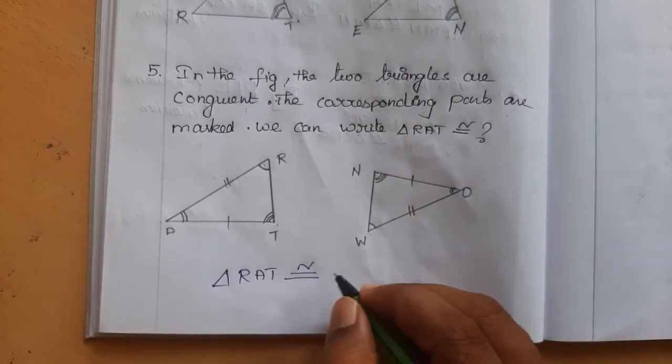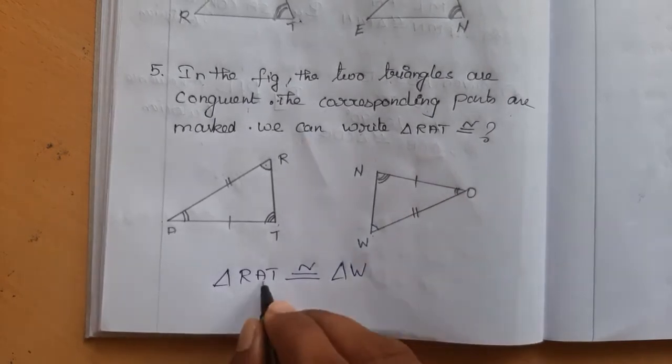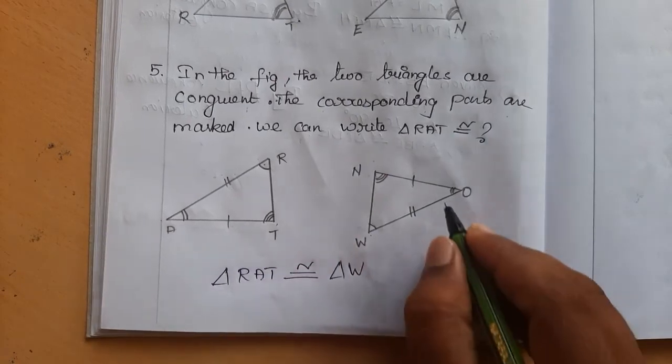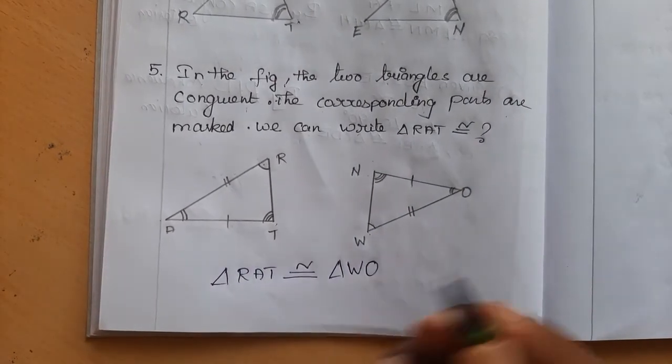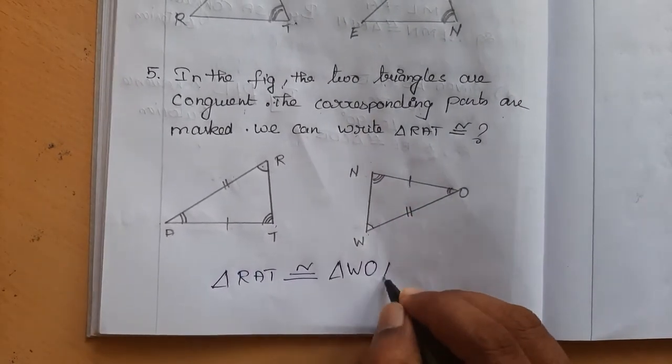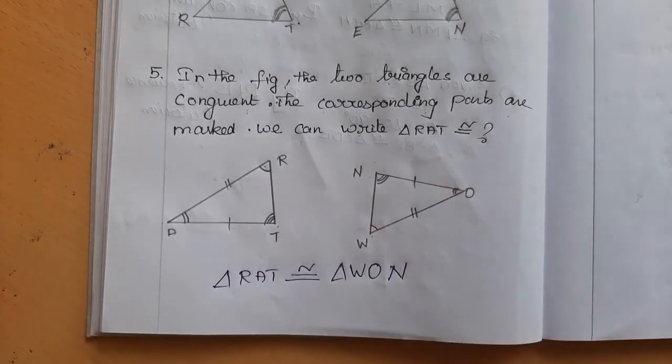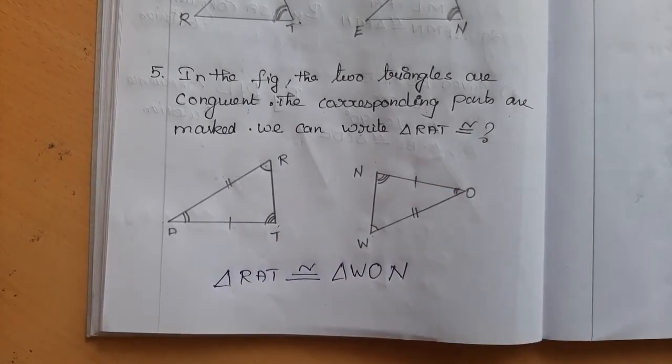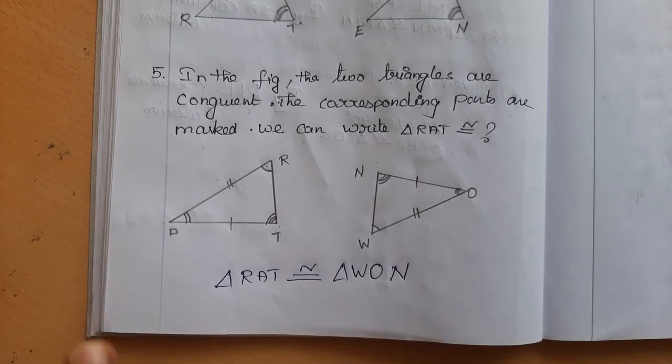So triangle W, and A is 2, A is corresponding to O. And finally the rest is with N. And we can check also, we can say WO. So this is what corresponds. So the only thing is we have to be very careful about the corresponding parts. Thank you.